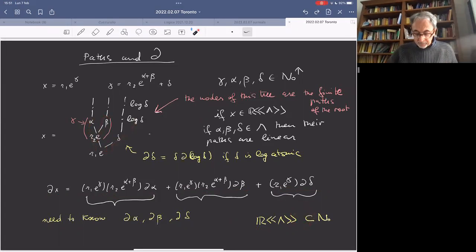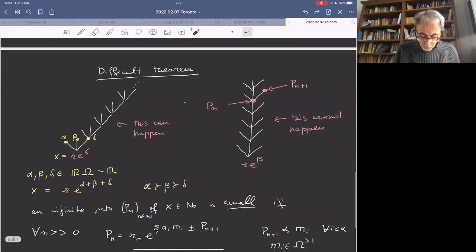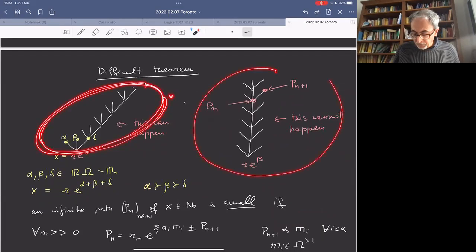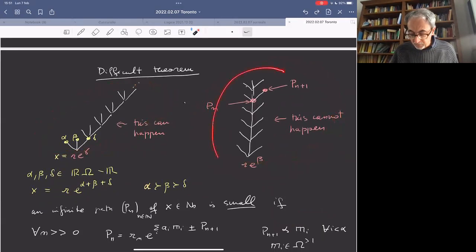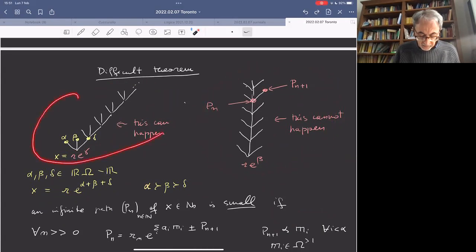If you want to take the derivative of this guy here, you don't need to worry about this one because this one doesn't exist. So this Christmas tree doesn't exist, so you don't need to worry about this. What do you do to define the derivative of this?